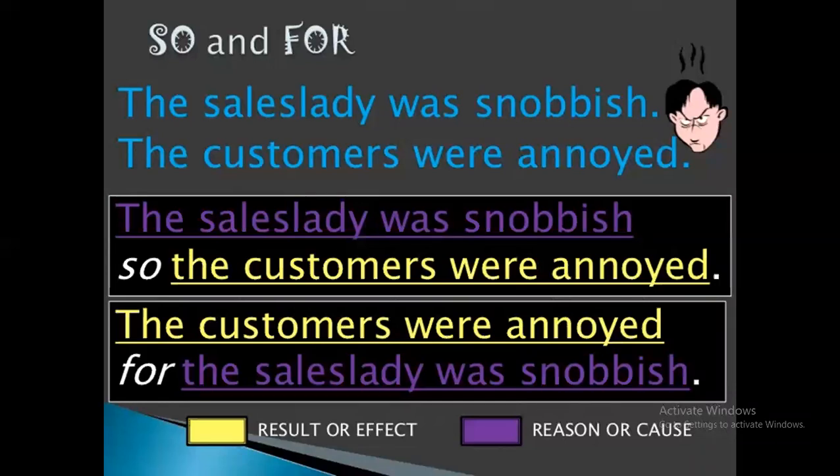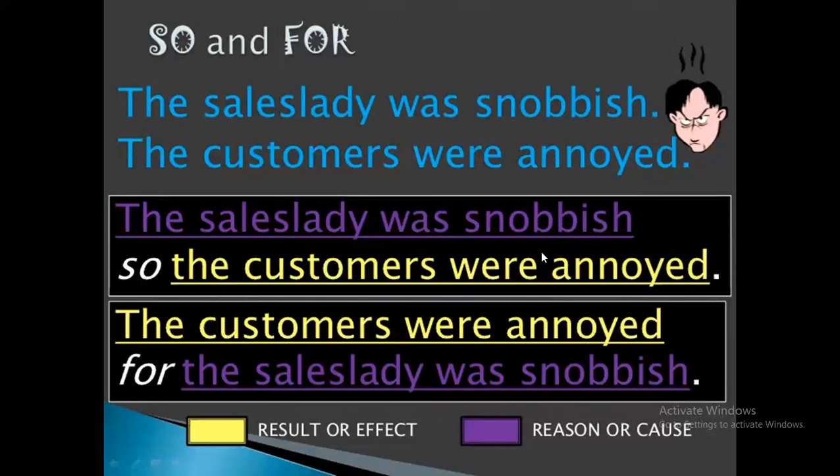Both are used for the same thing, to connect the cause with the effect, or to connect the reason with the result, same way. But you have to remember the order. The sales lady was snobbish, so the customers were annoyed. So see here, what happens first comes in the beginning.